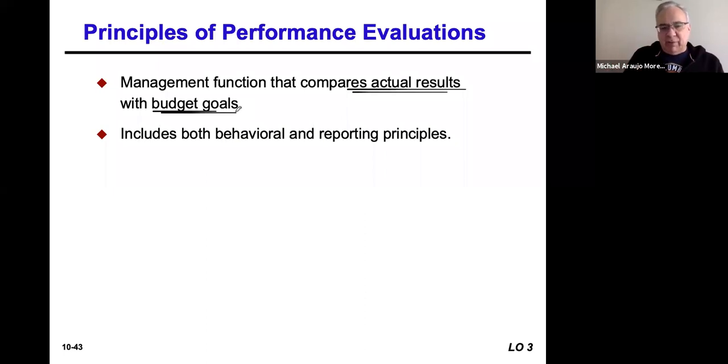Right. Those are the actual results. And then we can start understanding, okay, which of these things that happened are within our control and which ones were uncontrollable. So part of it is understanding both. Part of it is a behavioral principle, part of it is just a reporting principle, and that's a big part of it.